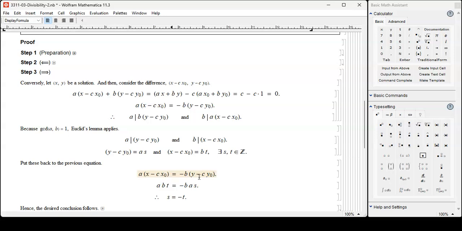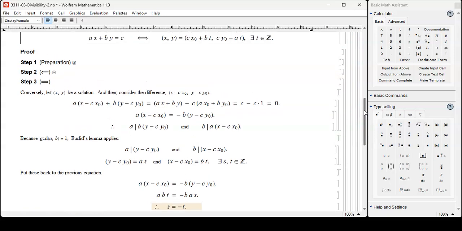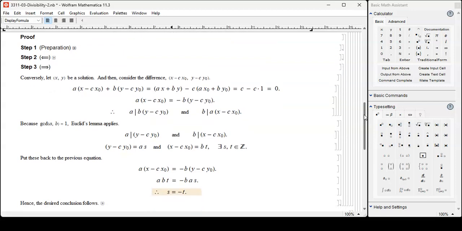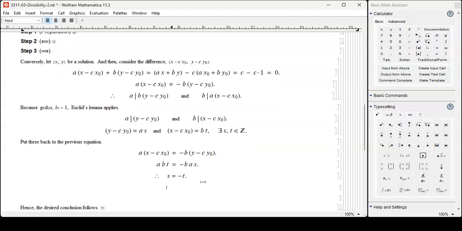See that? This one here is BT. That one here is AS. After simplification, we get S is negative T. Hence, the conclusion follows. This one here, oops, sorry about that. I didn't copy and paste correctly.